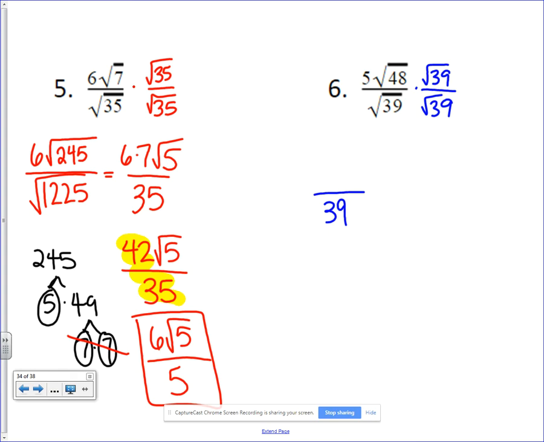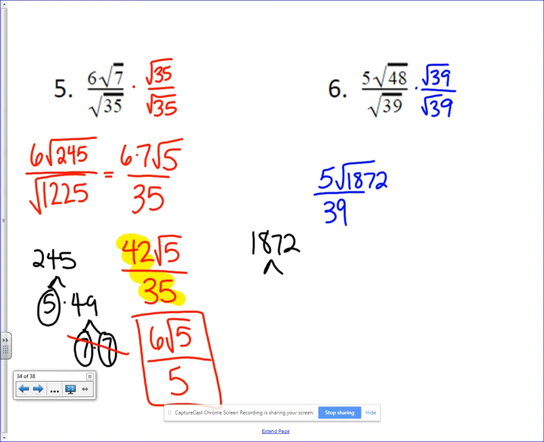In the numerator, I've got that 48 times the 39, which is going to be a relatively large number. I have 1872. And there was a 5 out front to begin with. So I need to go ahead and try and simplify the 1872.